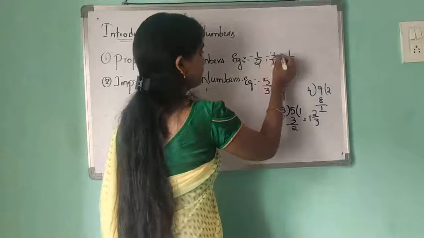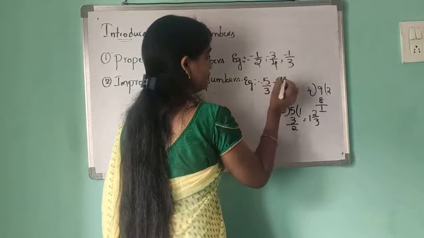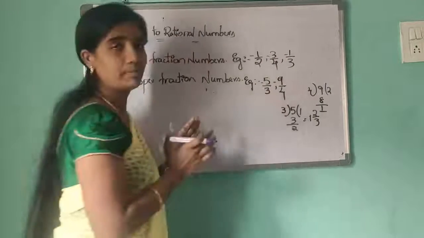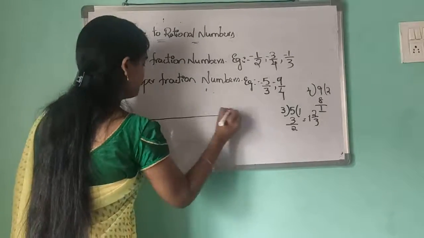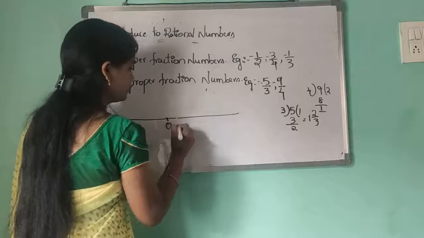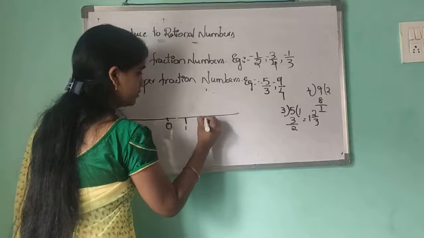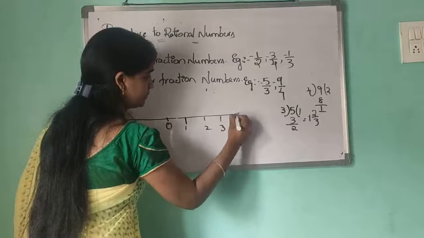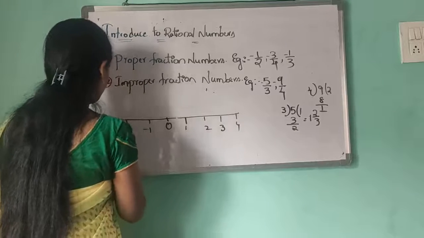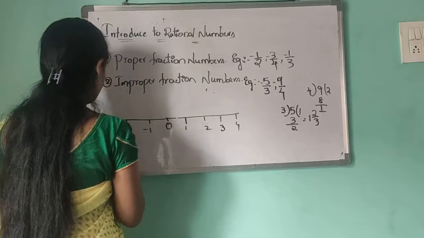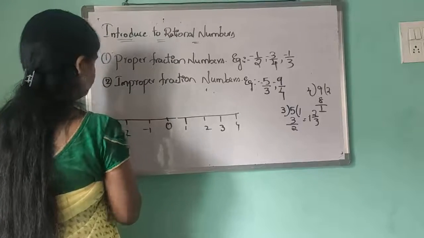Here I want to take an example: minus 1 by 2, minus 1 by 3, minus 3 by 4. I want to represent these on the number line. Same 0 here. Put the integers on the number line: 1, 2, 3, 4, minus 1, minus 2, minus 3.